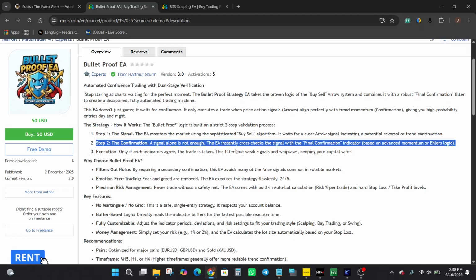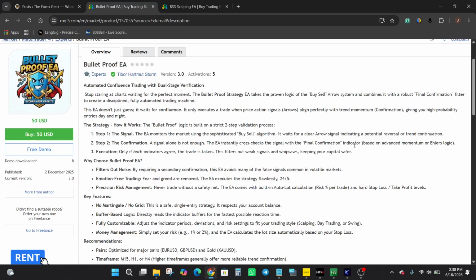Before any trade is executed, the EA cross-checks the signal using what the developer calls a final confirmation filter. The description explains that this confirmation is based on momentum or Euler's style logic. Only when both conditions agree does the EA proceed with a trade.